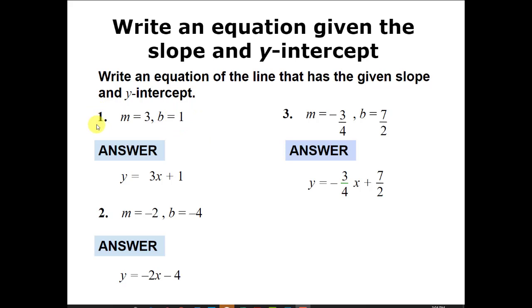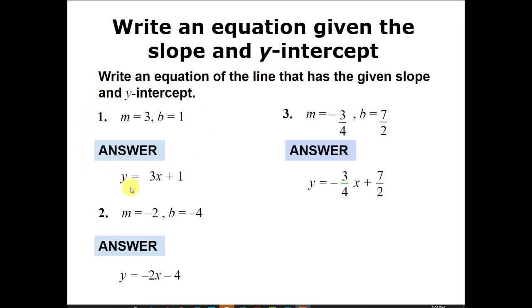So in this one, they've gone ahead and provided the slope m as being 3 and b, the y-intercept, as being 1. The answer that they're wanting you to give is y equals 3x plus 1. And as you can see, all they did was substitute in the numbers where they belong.